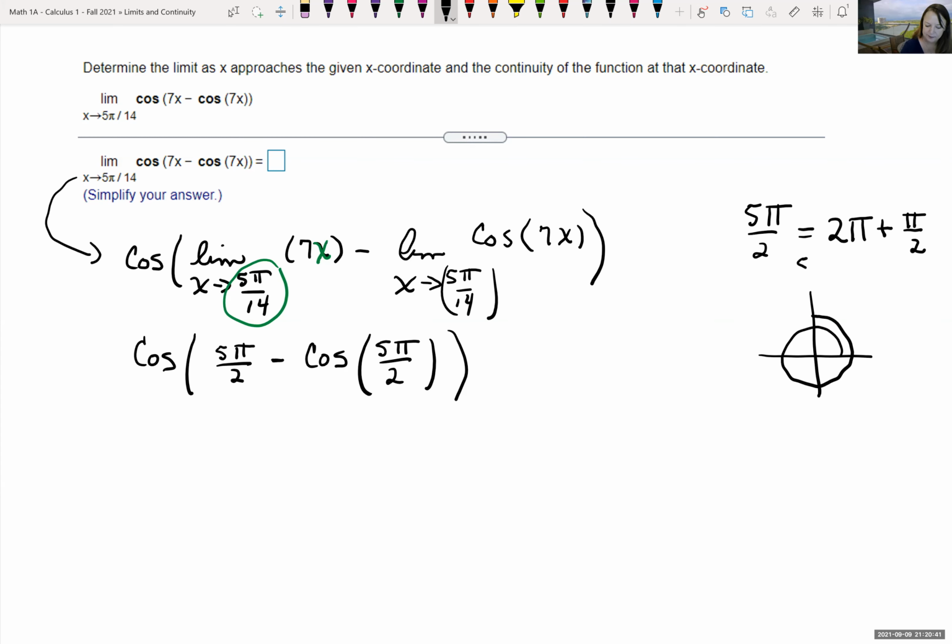So this is going to get me up to 5 pi halves. I'm also thinking about my cosine of 5 pi halves. Well, cosine of pi halves, which is the same thing as cosine of 5 pi halves, is 0. So I have cosine of 5 pi halves minus 0. So again, cosine of 5 pi halves is 0. So we should get back that that limit is 0.